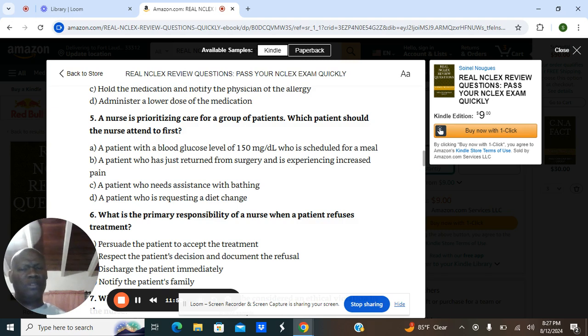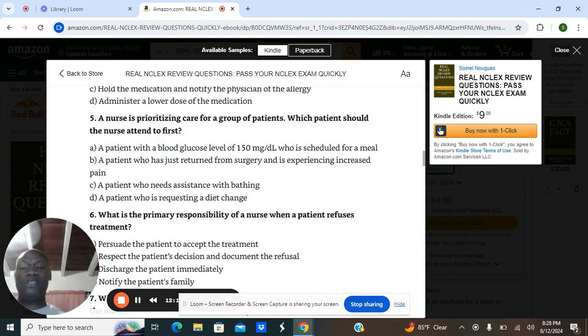It's not too important. No. B, a patient who has just returned from surgery and is experiencing increased pain. Oh, you see this? If you do not care for this patient, he is going to die. This is an emergency. You need to take this choice.